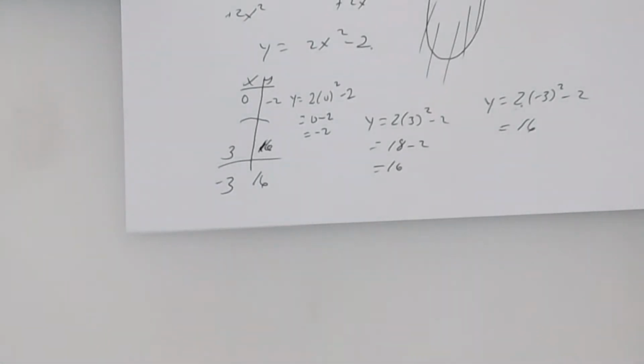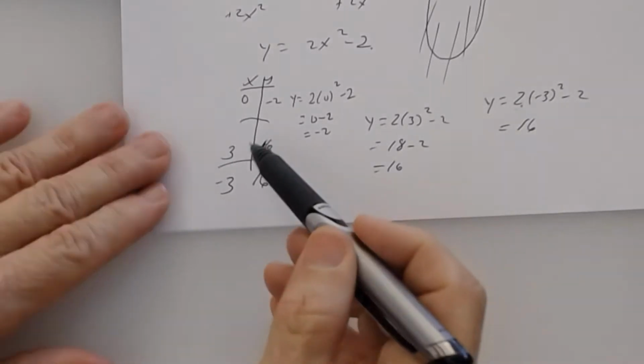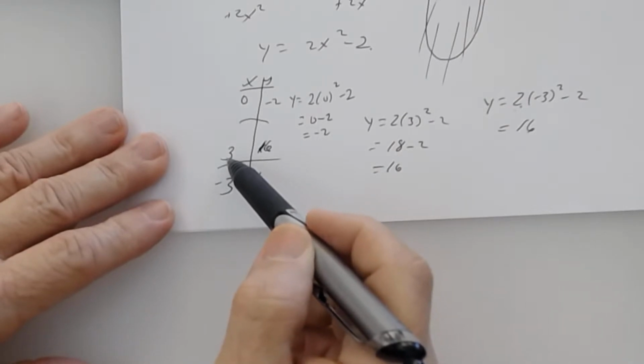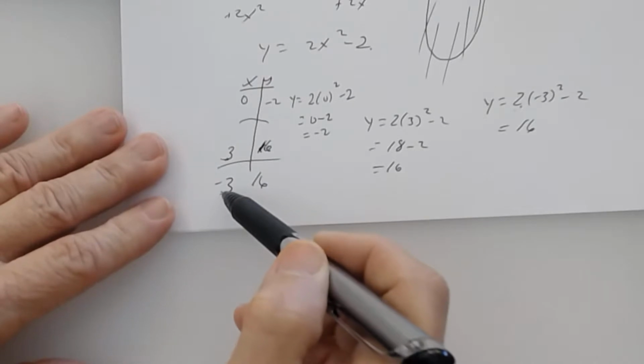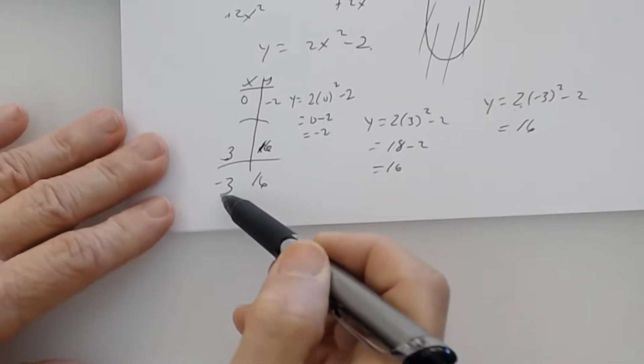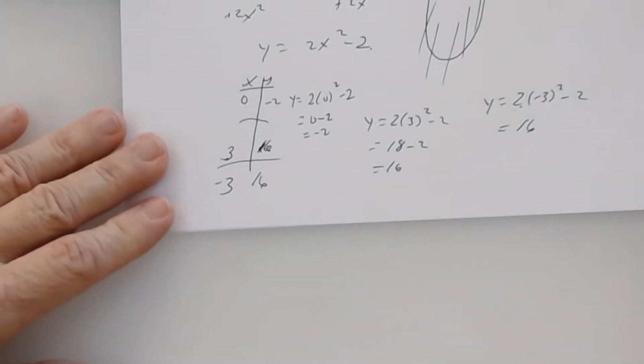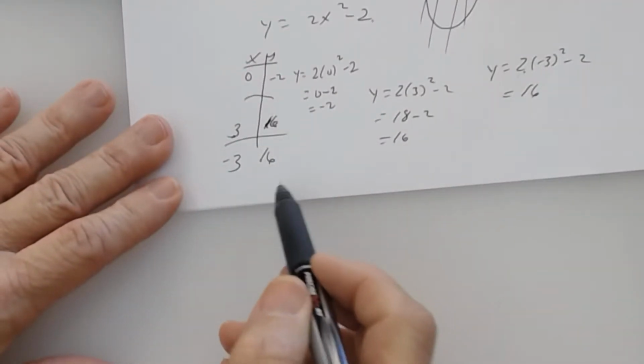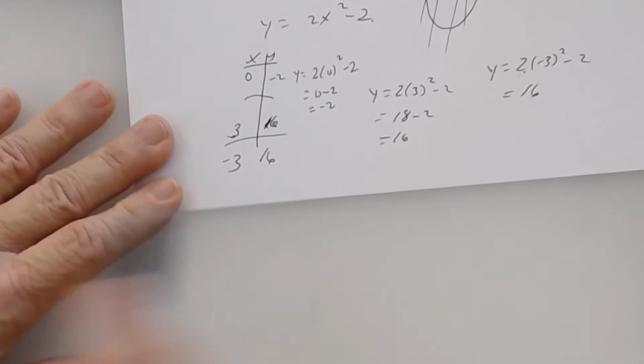It's okay to have the same y value for multiple x values. All you have to look at is this. When x is 3, what is the only y value I get? 16. When x is -3, what is the only y value I get? 16. So that's a function. No matter what other number I use for x, there's only going to be one y value here. So that's a function.